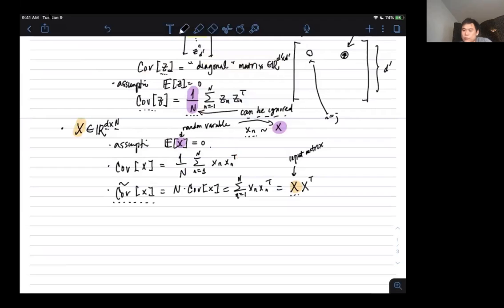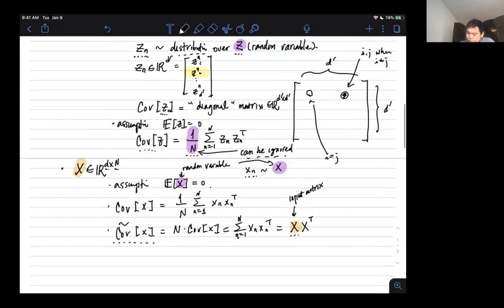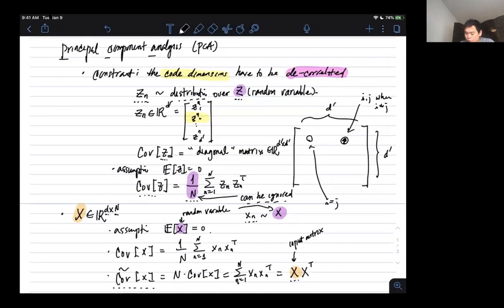Okay, let me see. There is one question from Marina on Zoom chat. Could you repeat why we can ignore 1 over n in the covariance of Z? So we are not ignoring 1 over n when we're trying to estimate the covariance of Z. However, we can ignore 1 over n when our constraint is all about whether this covariance of Z is diagonal or not.